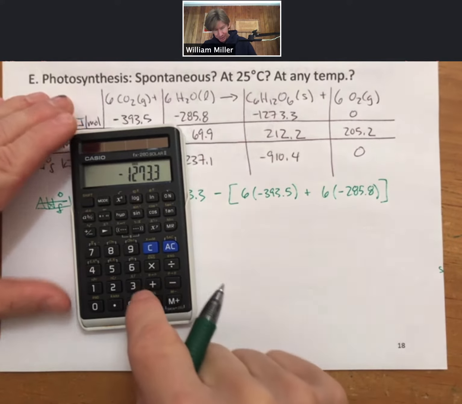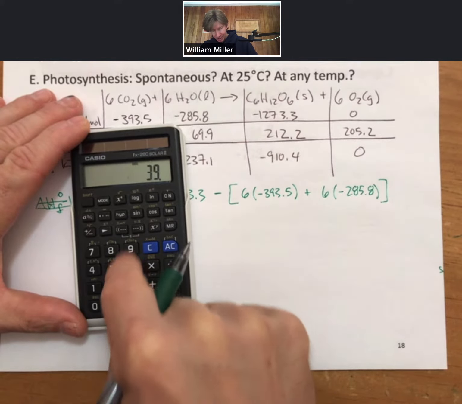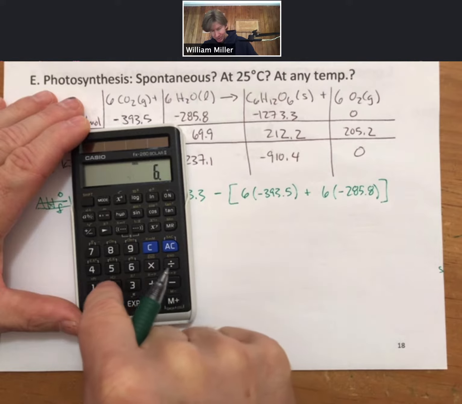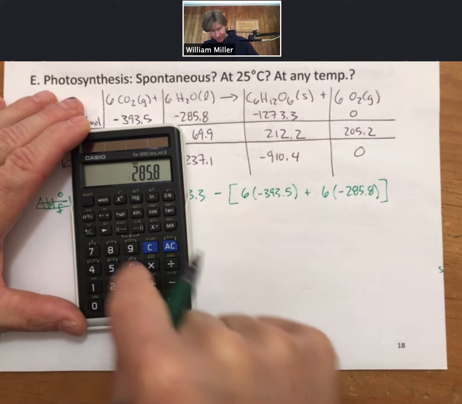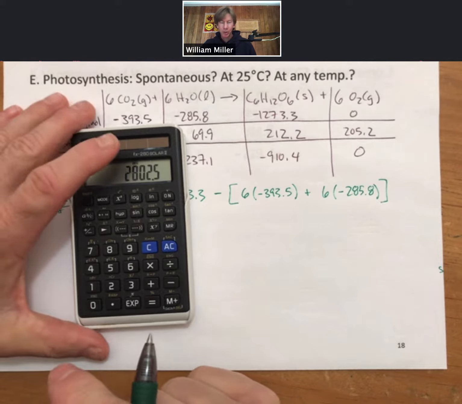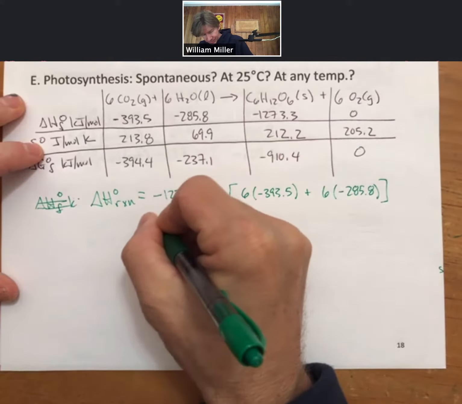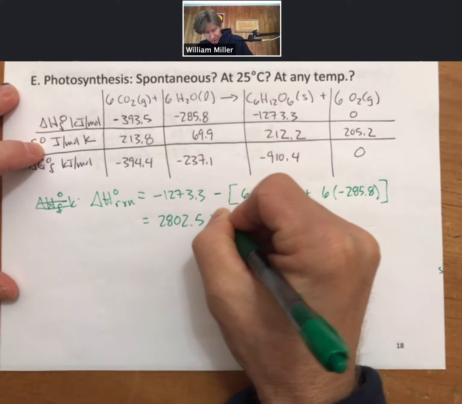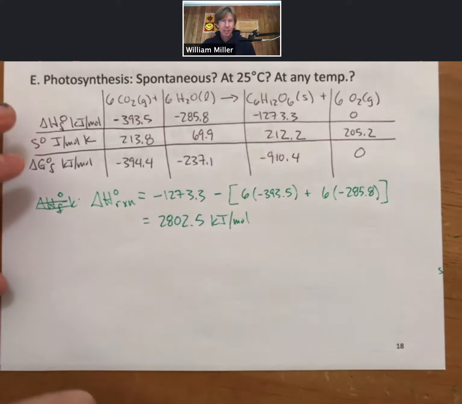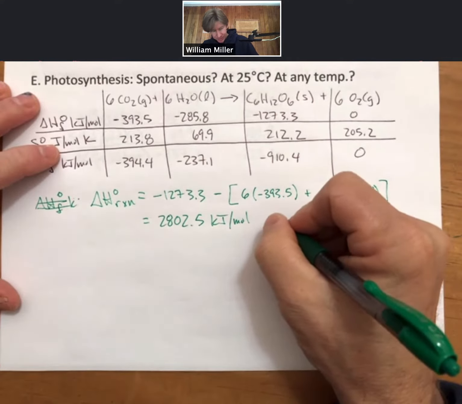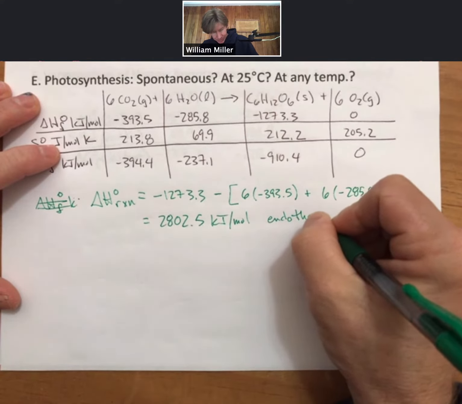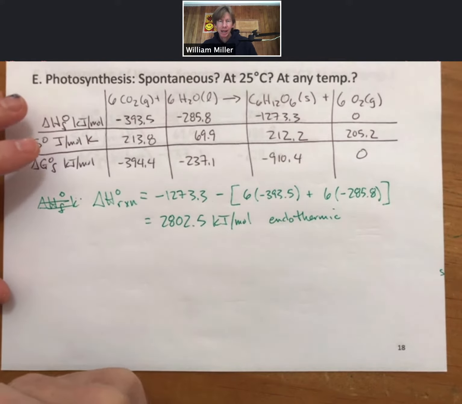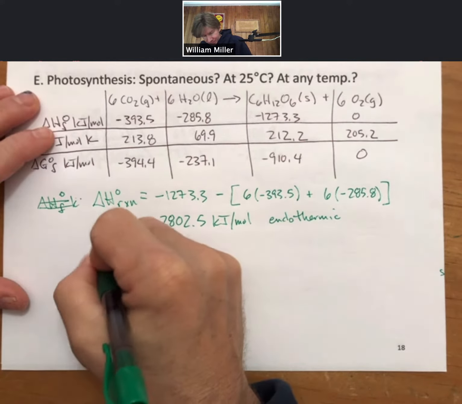So plus 6 times 393.5 plus 6 times 285.8, 2802.5 kilojoules per mole. Very endothermic. Not a spontaneous reaction according to delta H.